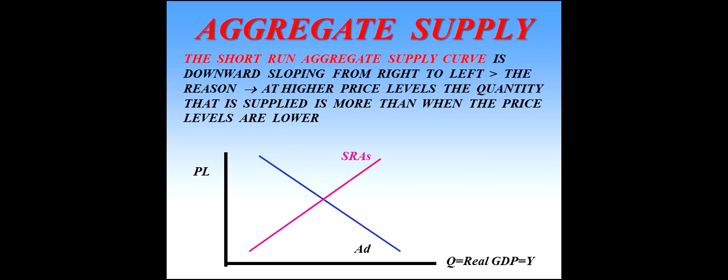The short-run aggregate supply curve is just like our market-specific supply curve. It is a downward sloping curve from right to left, just the way it is on a traditional supply and demand graph. And the reason for this is the same that we see in markets. At higher price levels, the quantity that's supplied is more than when price levels are lower.